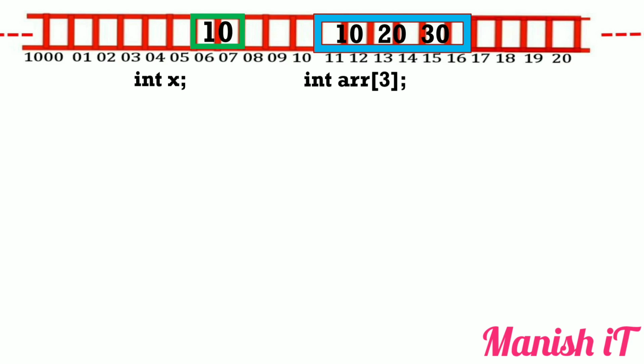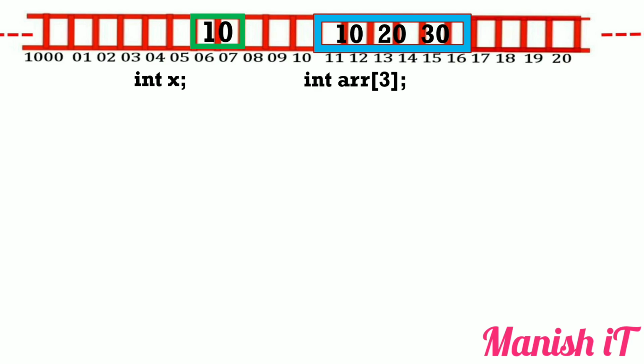Then the user wants to add one more element. That's why here we need to know the concept of linked list. Linked list provides dynamic creation of memory in the memory segment. That means whenever you enter any value, memory will be created. That's why it is called dynamic creation of memory.